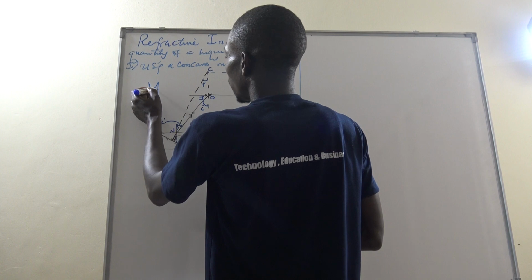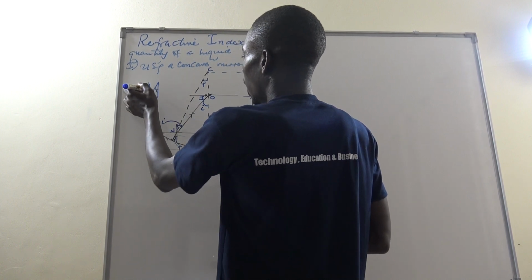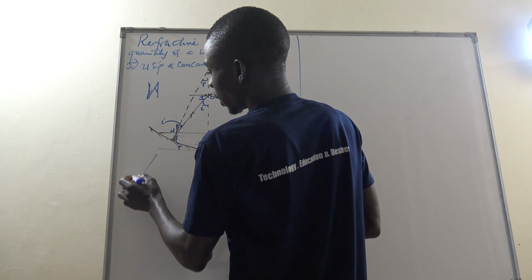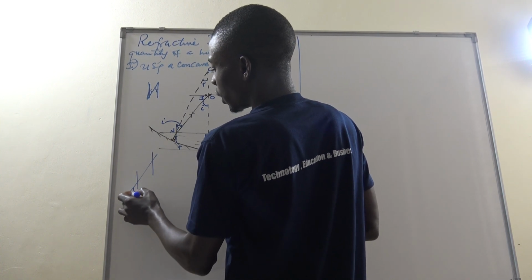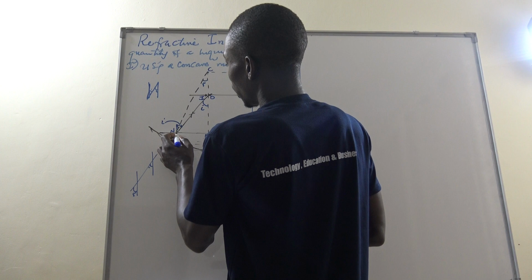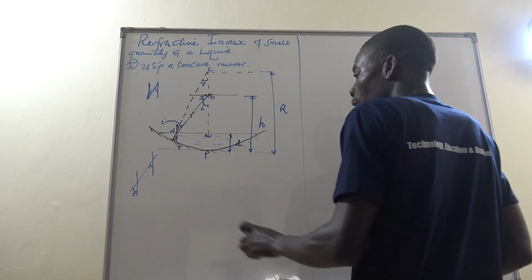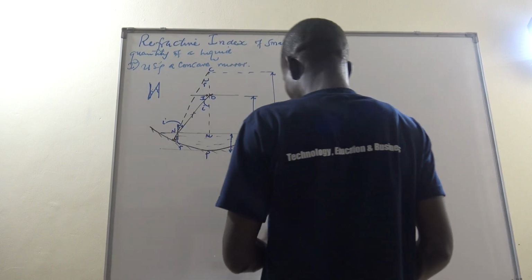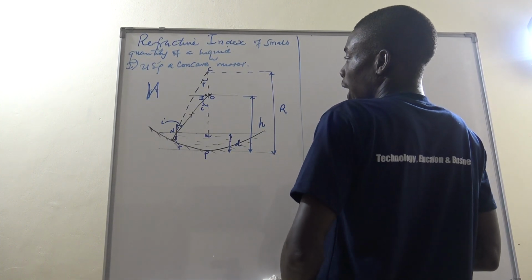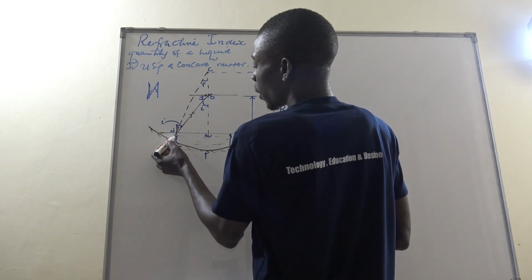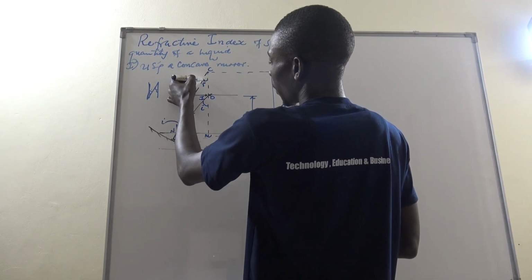If this is I, that can be I. Same thing to this. If this is R, this should also be R. R should be R up there. So, I don't know if people are getting that right. That if this is R, the angle of refraction, the same angle is up here.